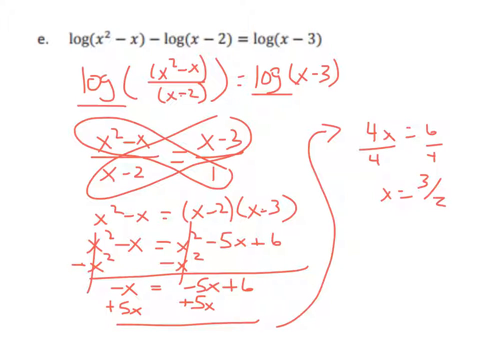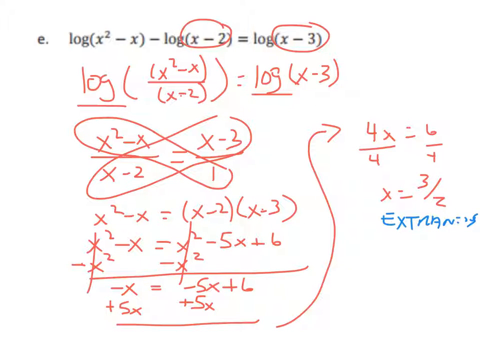Check it out. If I take 3/2 and square it, and then subtract 3/2, that's okay. And 3/2 minus 2 is not okay. And 3/2 minus 3 is not okay. Therefore, this is extraneous.